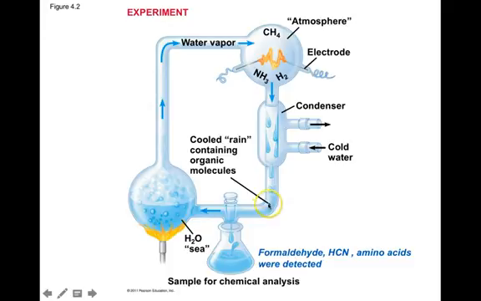Lipids, being hydrophobic, formed little bubbles, and when those bubbles were forming, they packed some nucleotide chains, which is DNA or RNA, and that is how the first cell might have formed. So again, this is not a theory, this is not fact.